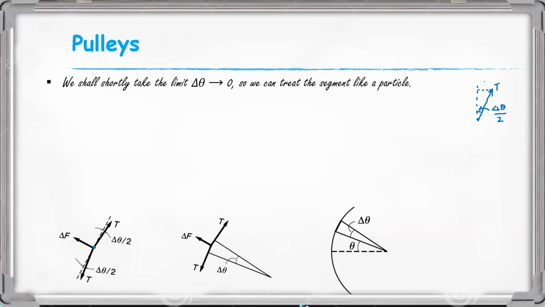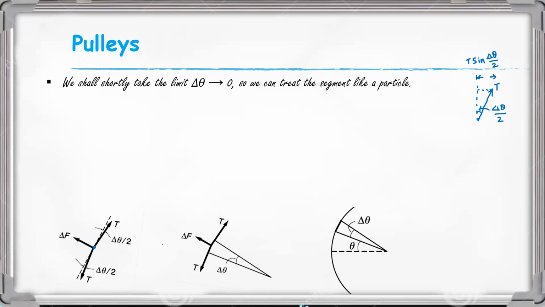Then this length must be equal to what? If the angle is delta theta by 2, this must be equal to T sine delta theta by 2.